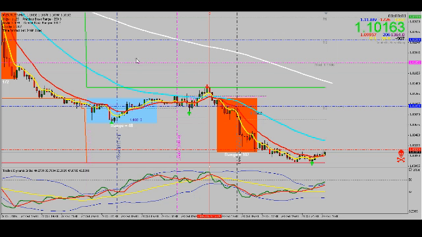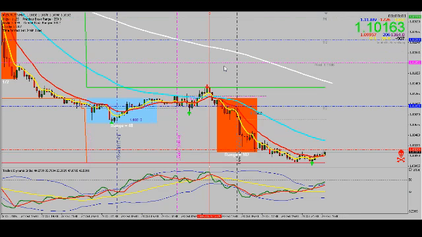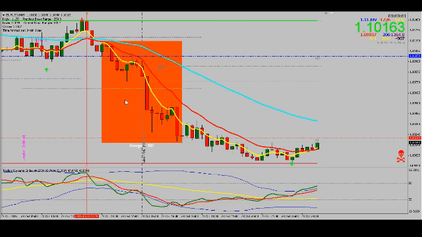Now let me give you guys an example of how we would do a 15-minute binary options trade, or how we would actually predetermine our entry. Here we would have gotten a signal on a 15-minute chart. Okay, we know that.